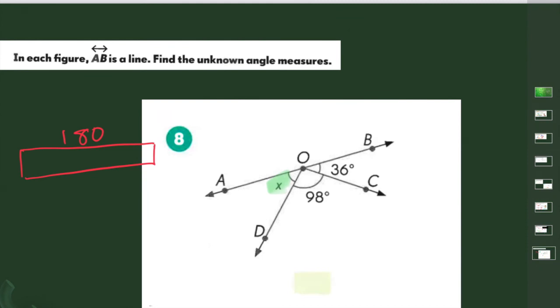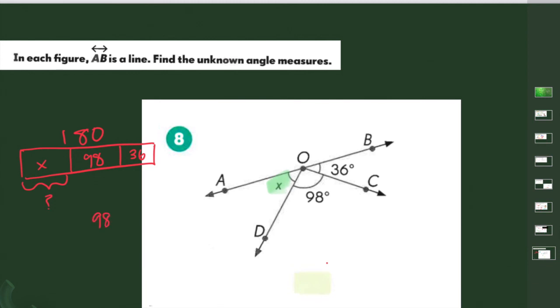Okay, we know that the whole straight angle was 180 degrees. The two parts that we knew were one angle was 36 degrees, one angle was 98 degrees, and the missing part was our angle X. That is our question mark. That's what we're trying to solve.